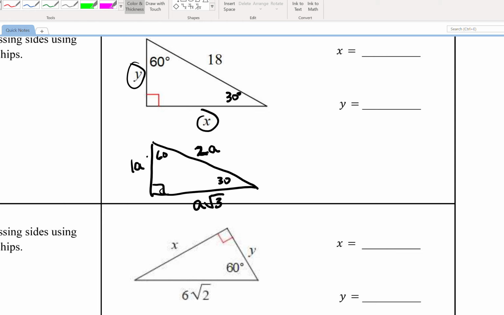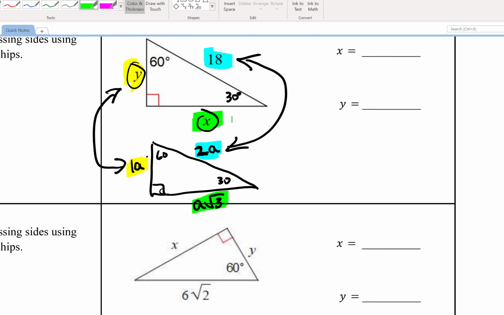So I can see which sides correspond. Those correspond there. Let's color those. y is the same as that 1a, or just a. That 2a and 18, those are corresponding to each other, both the hypotenuse. And then let's say a root 3 is congruent there to x. And so we can figure out what this is.